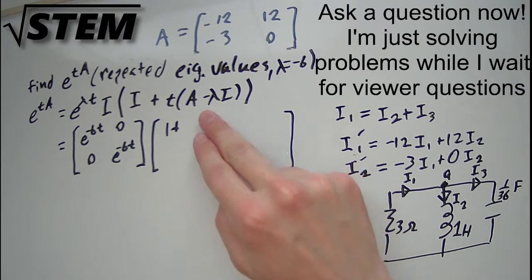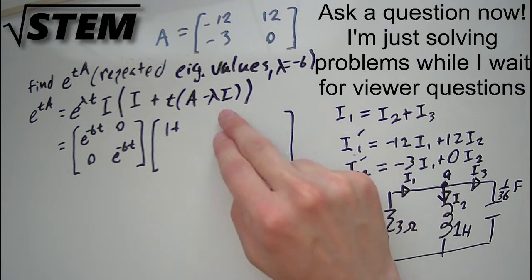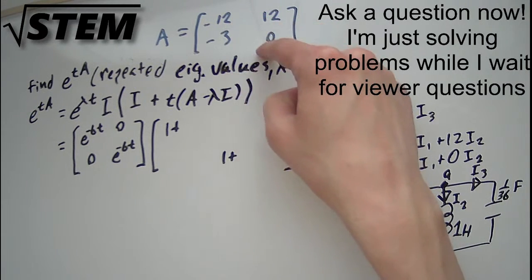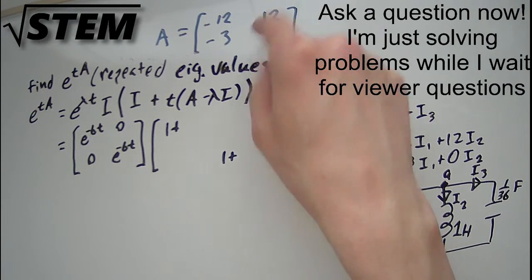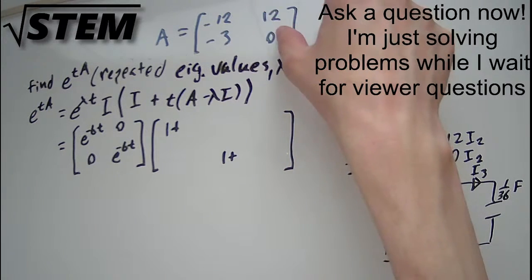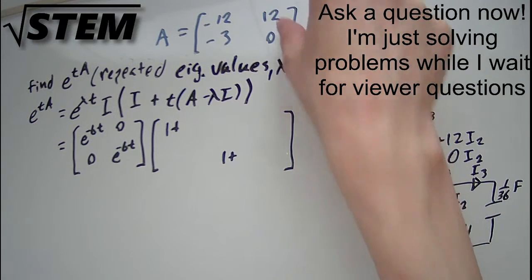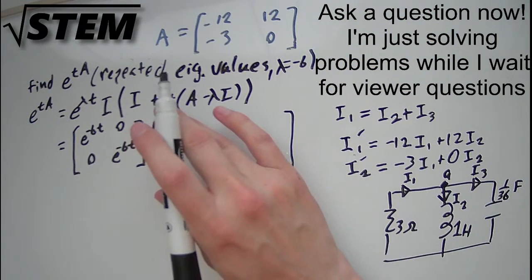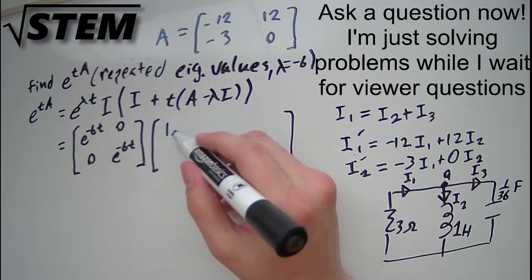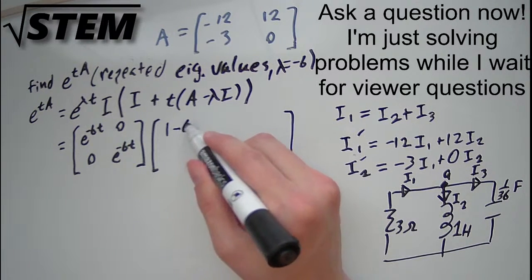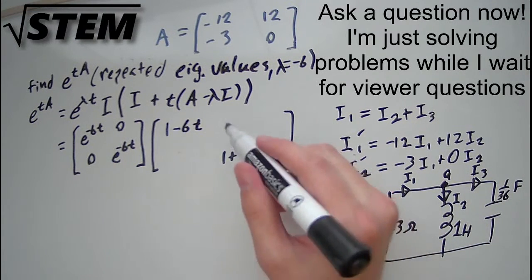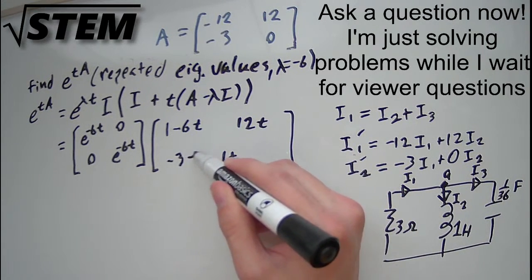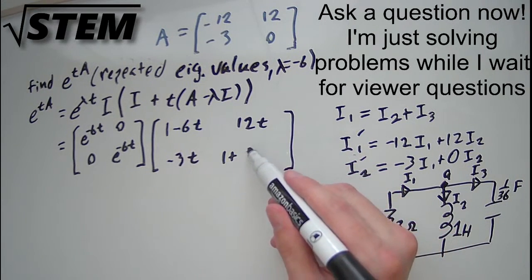So A minus negative 6I would be adding 6 to our diagonal. So that would be a negative 6 here and a positive 6 there. And then we're multiplying it with t. So this will be negative 6t, 12t, negative 3t, and 6t.